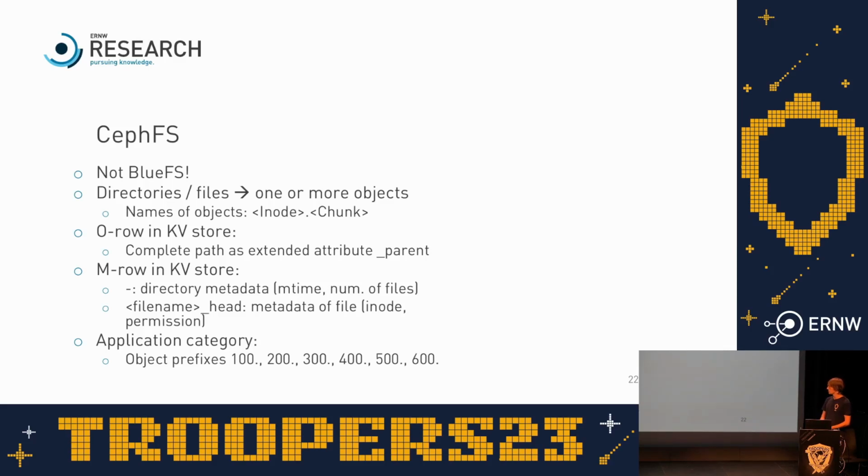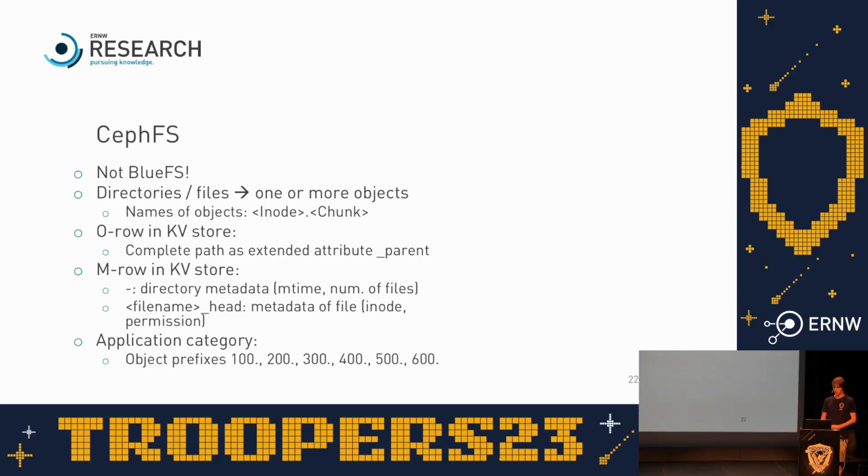So when you want to reconstruct a file, you have to find all the objects that belong to the inode of your file. And of course, you have to be lucky to have all the OSDs that contain all the chunks of the file. And then you can join those chunks together to the original file.